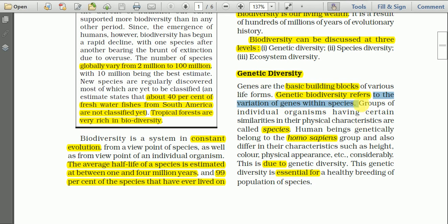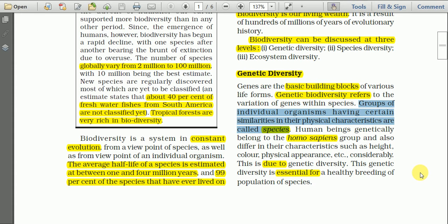Here, the meaning of species: groups of individual organisms having certain similarities in their physical characteristics are called species.